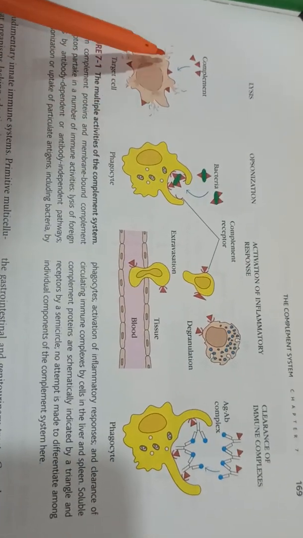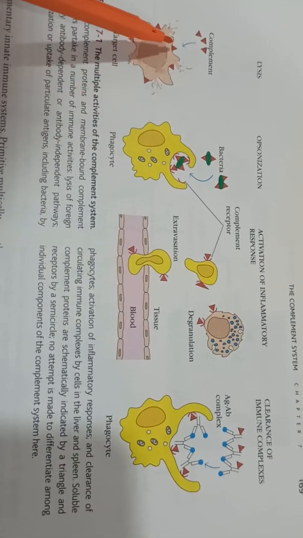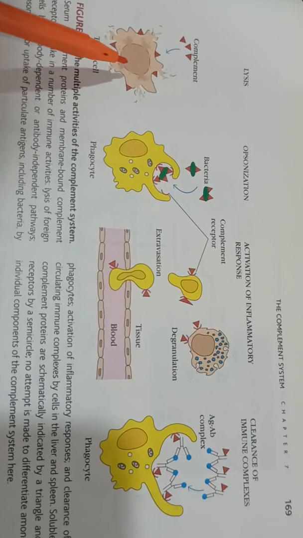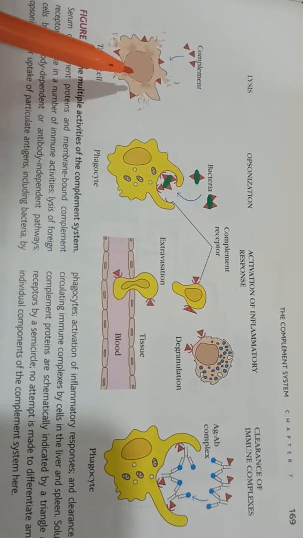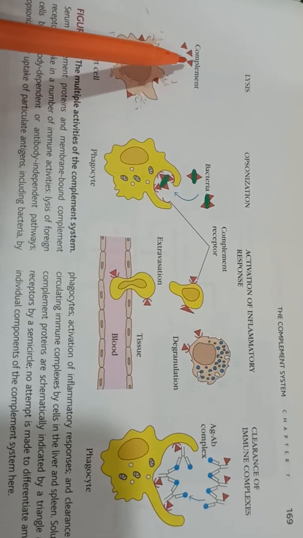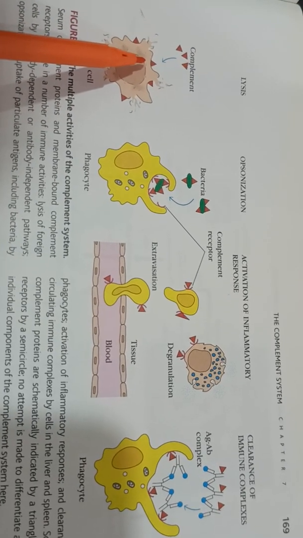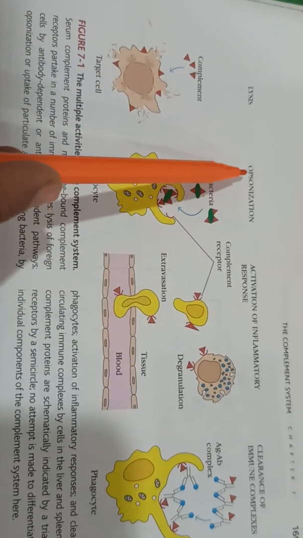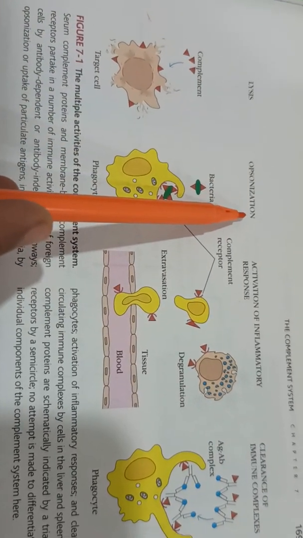So you can find a target cell here. This can be any antigenic cell, maybe a bacterial cell or any other cell in which the antigen is present. This is acted upon by the complement system, and the target cell is lysed. The second function is opsonization.